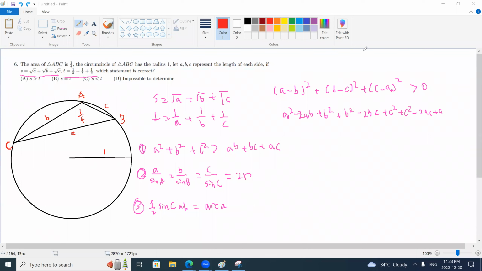This is greater than 0, as we can see from here.